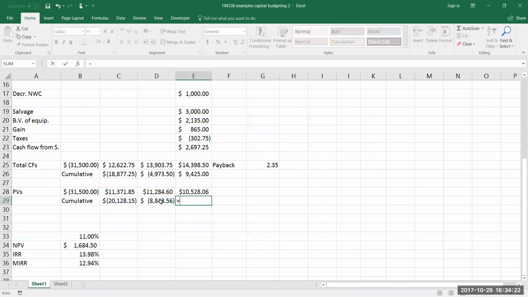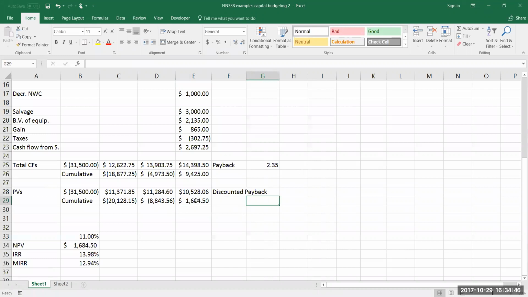So for the third year, I'm going to take where I started plus the present value that I earned over the course of that third year. Lo and behold, I got to payback. So our discounted payback, notice that it did take a full 2 years plus some portion of the third.